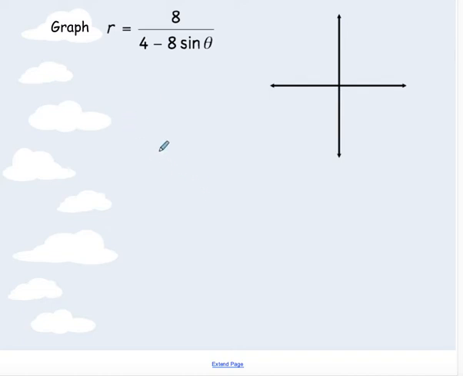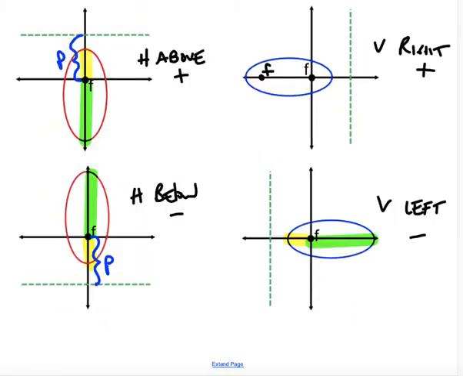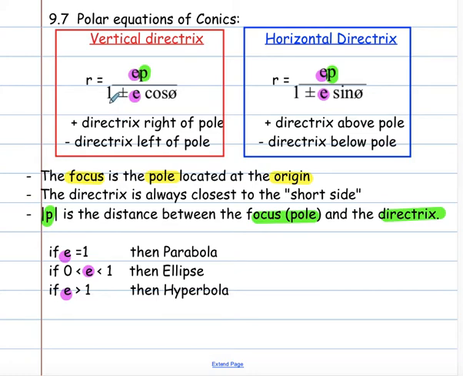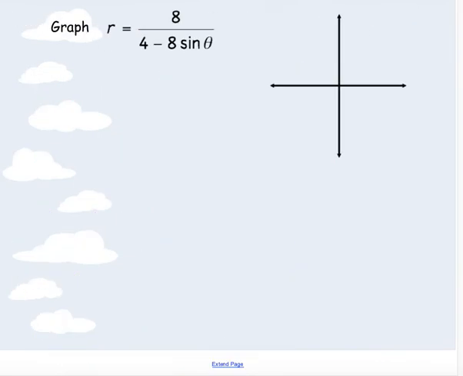So again, the first thing I'm noticing is that this is not a 1. Remember way back, our formulas are supposed to be 1 plus or minus. So I'm going to force it to be a 1 by taking out a 4. If I take out a 4, I'll be left with 1 minus 2 sine theta.